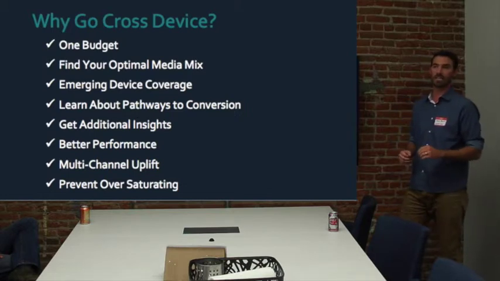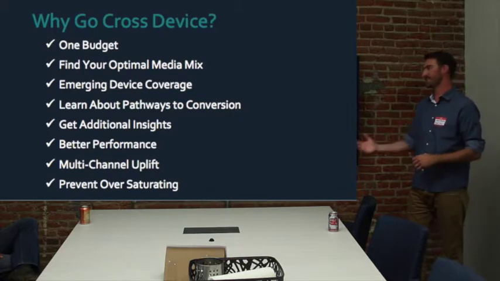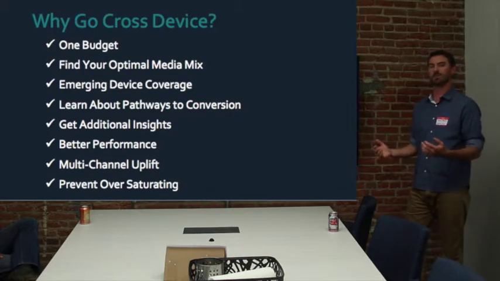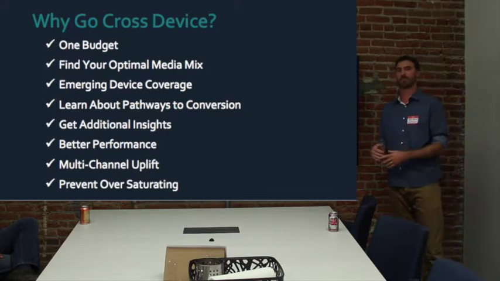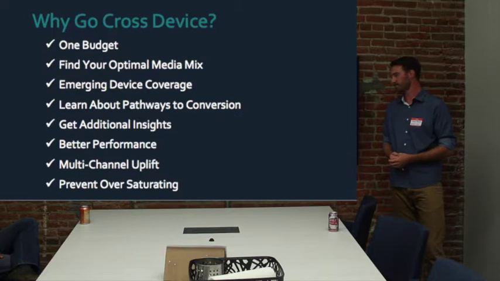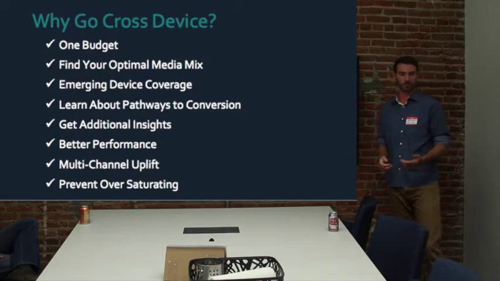We can no longer think of just the desktop and just the mobile, because there's too much at stake when you don't put that together. The insights are awesome. We do awesome reporting, showing that path to conversion, showing an optimal media mix. You can take that into your other marketing. And it's all about performance. It's all about driving conversions.